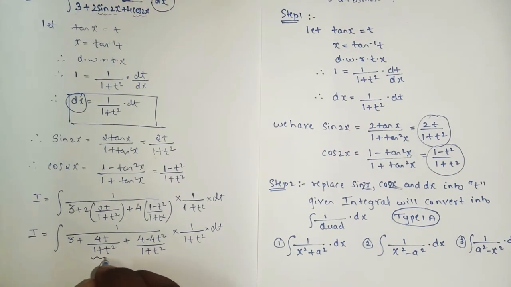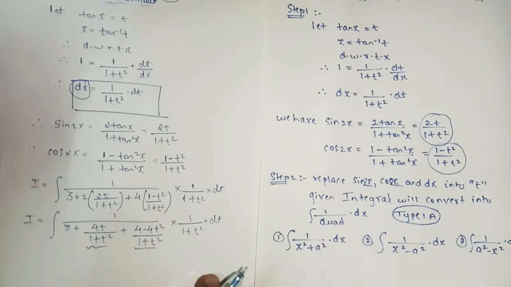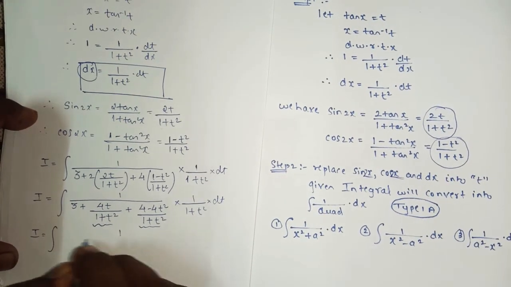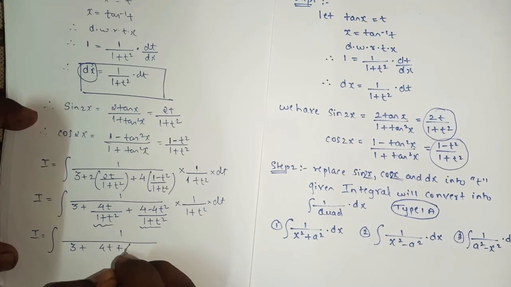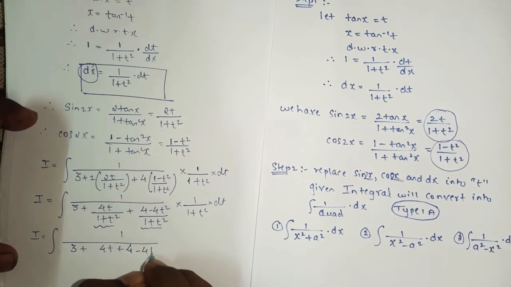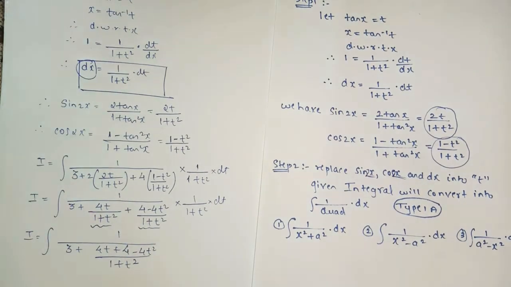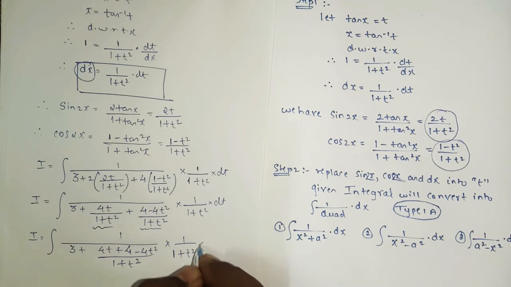In the next step, clearly we can see that for the second and third term, the denominator is the same. So this part we can write as 3 plus 4t plus 4 minus 4t square upon 1 plus t square. Yes or no? Got the point? Understood? Then into 1 upon 1 plus t square into dt.